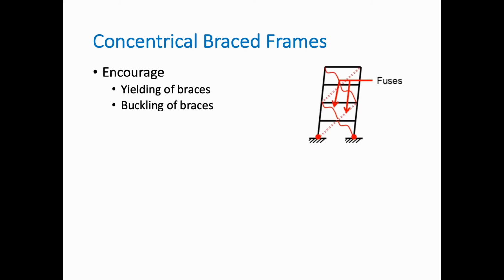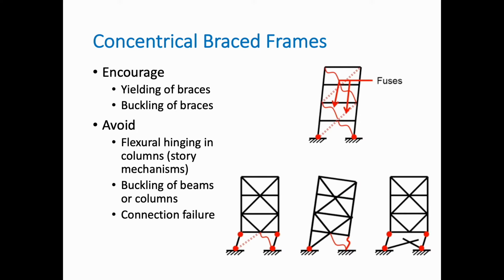To quickly synopsize this, in concentrically braced frames, we encourage the yielding of the braces or the buckling of the braces, and these braces are acting as fuses. So these are the elements where we want the buckling and the yielding, in order to make sure that all the other elements remain elastic and strong, and haven't buckled or yielded.